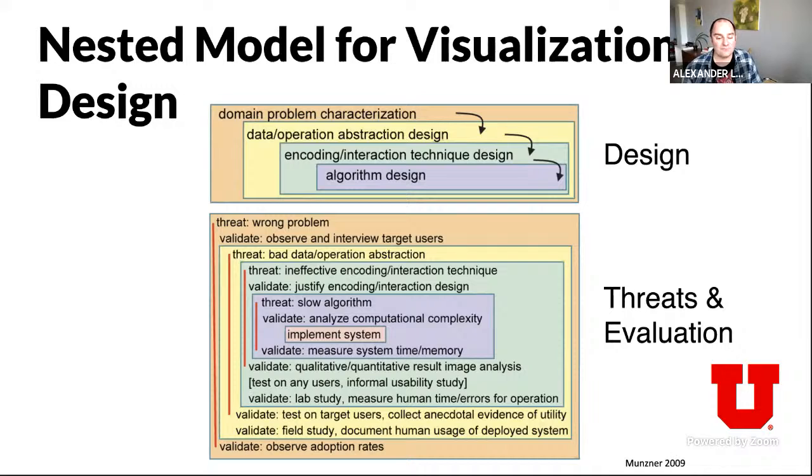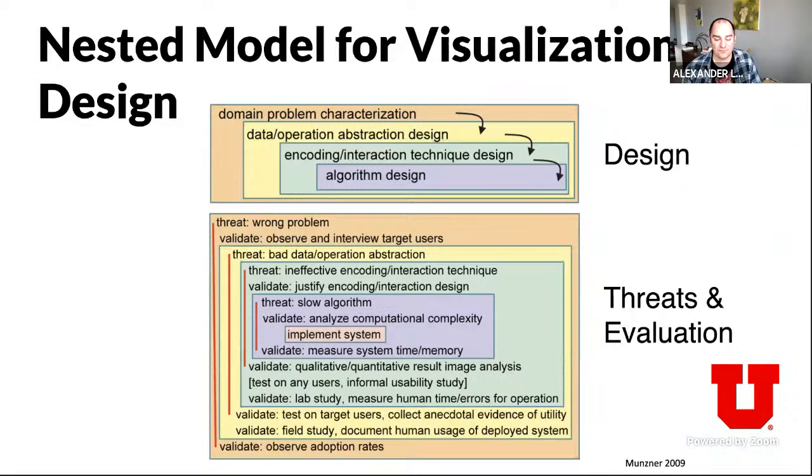Validation here is mostly through logic, where you justify why this is suitable, basically relying on carefully crafted arguments. But if you have already implemented it, you can run qualitative or quantitative studies. So you can test it on users.